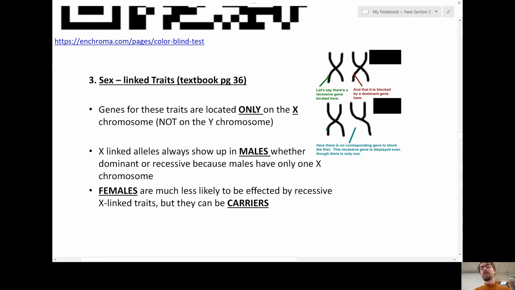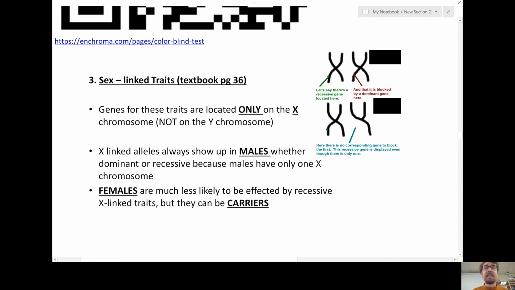So the Y chromosome is quite a bit different than the X chromosome. Any alleles on the X chromosome will always show up in males, whether or not it's dominant or recessive. It's because the Y chromosome just does not have space to have kind of matching alleles on it. It's a much smaller chromosome.